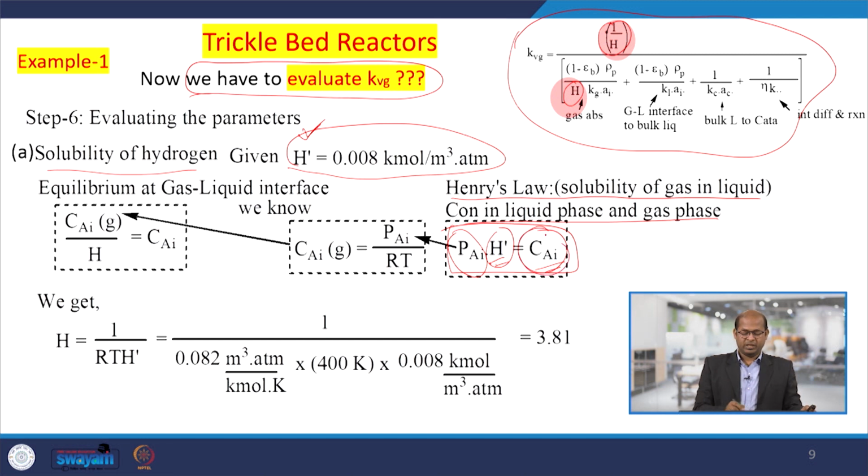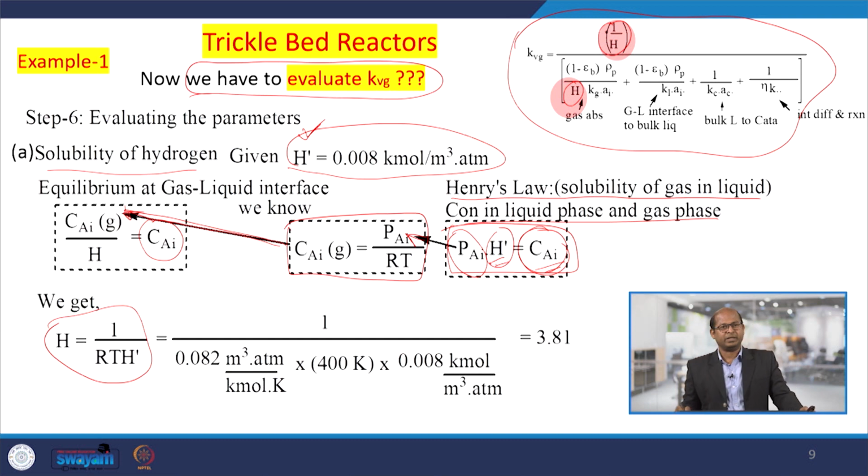Okay. So, here is this equation, these concentrations and partial pressure, how they are related: CAIG equals PAI by RT. This PAI we can substitute here. Then these equations we can substitute here, and we will get CAIG. After substituting, these are the components, finally how H and H prime are related.